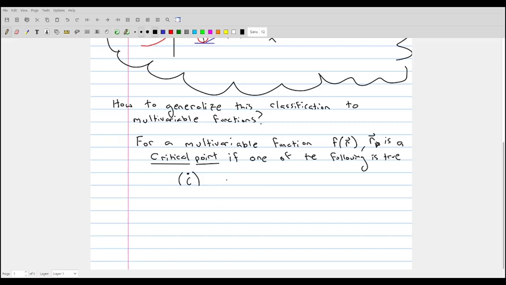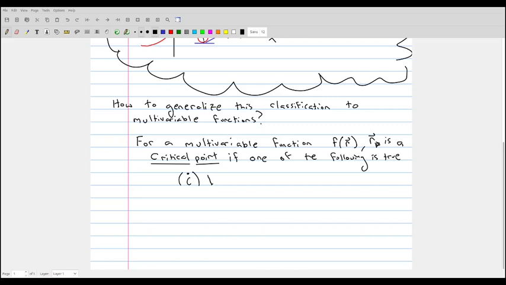It's that the derivative of the function, or in some sense, the derivative of a function is the linear approximation of the function, or linearization. This is directly dependent on the gradient vector.